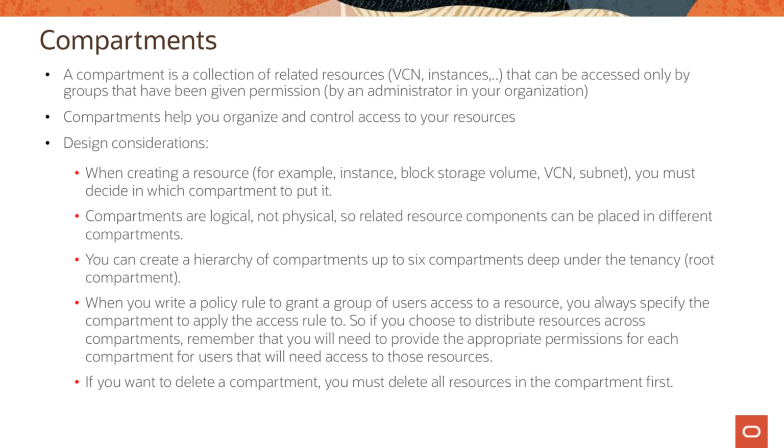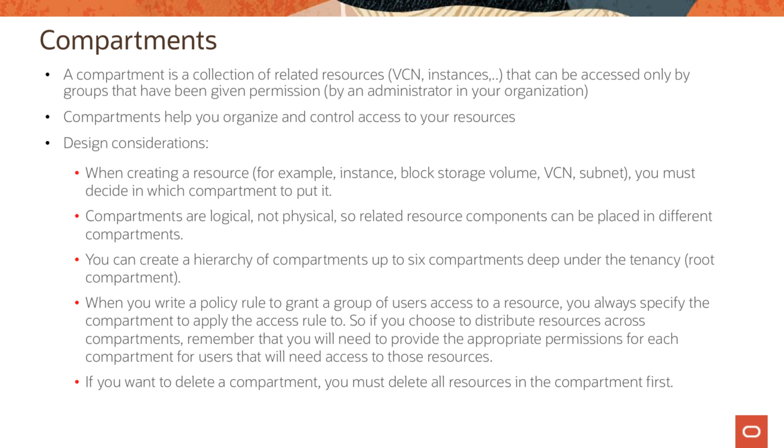I'll show you in the console how to do that. But once you launch a resource, let's say you launch a new instance in OCI, you would need to specify which compartment that instance is going to be launched into, and similarly object storage buckets and all of those things.